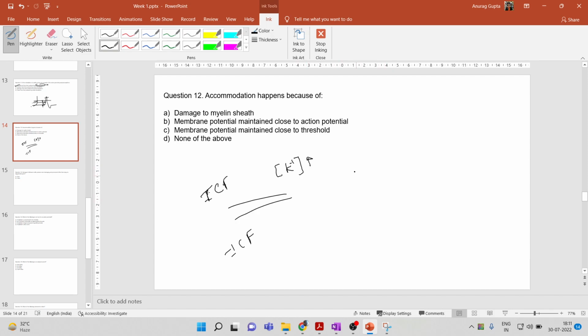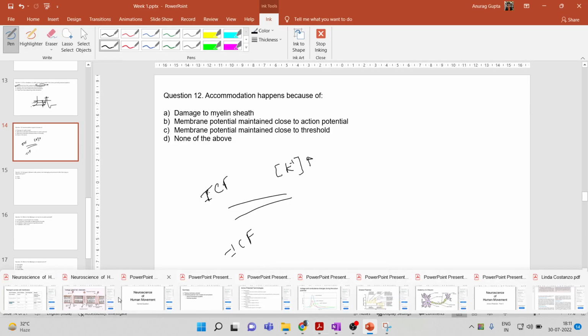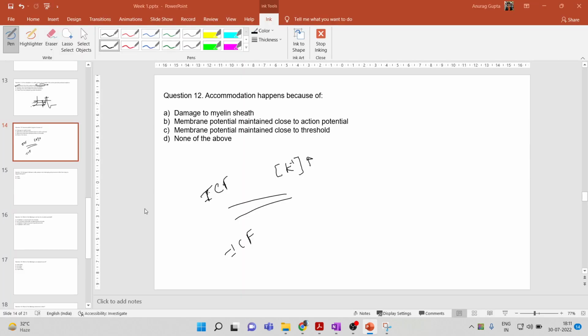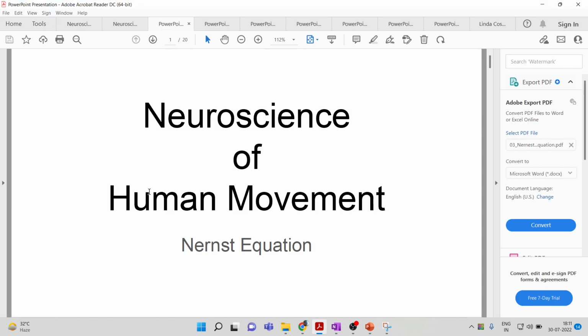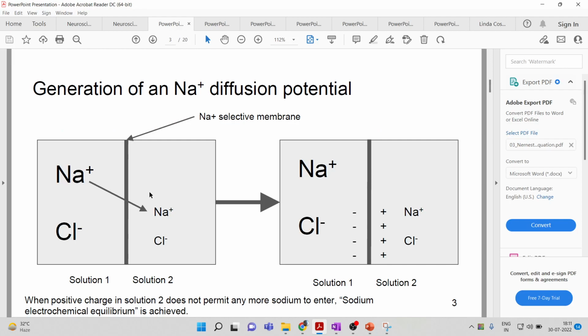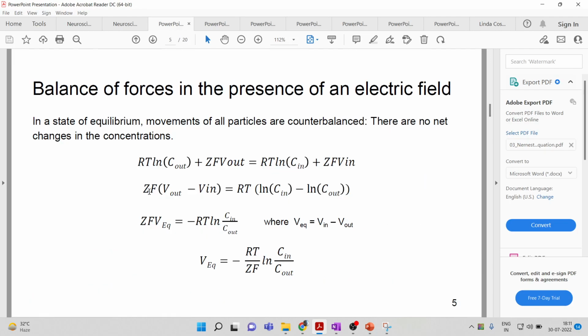Everything is linked. If you remember the Nernst equation, V equals minus RT by ZF ln Cin by Cout.